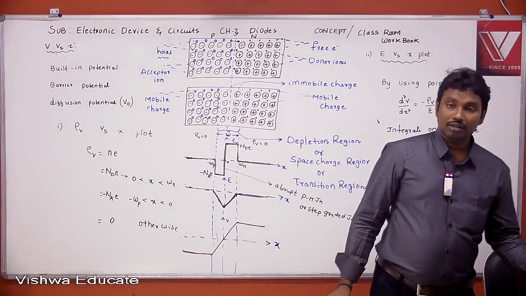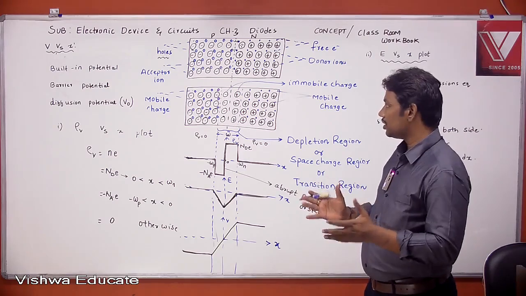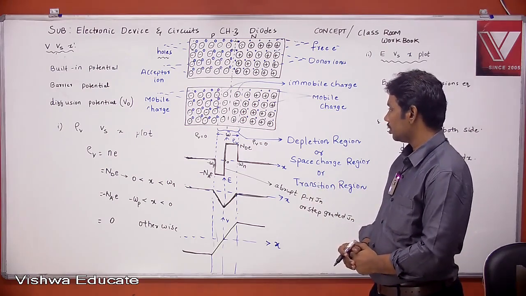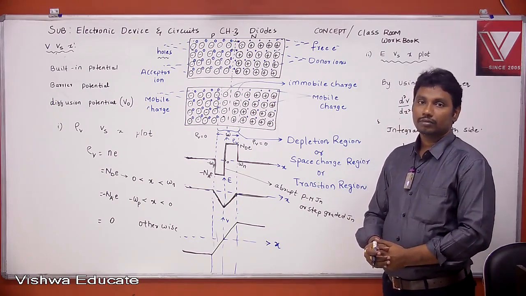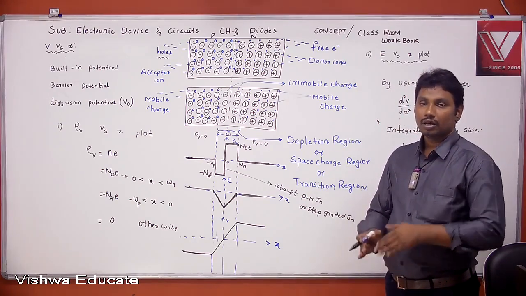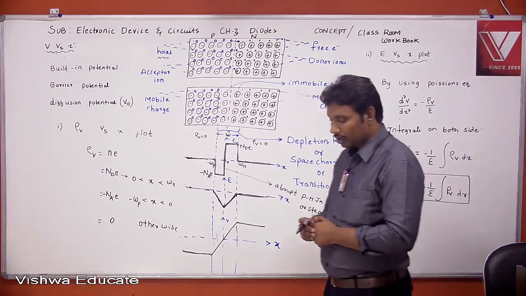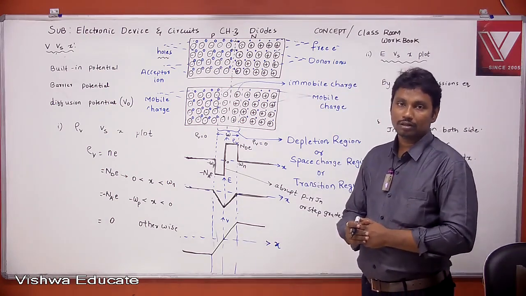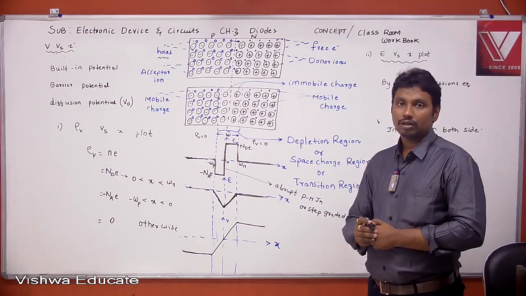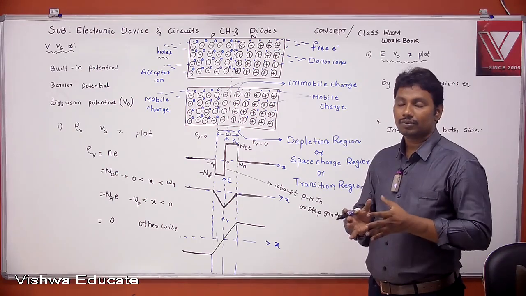Next, potential versus distance plot. Write down. Outside the depletion region, the potential is constant. Potential is constant because of charge neutrality. Next one.